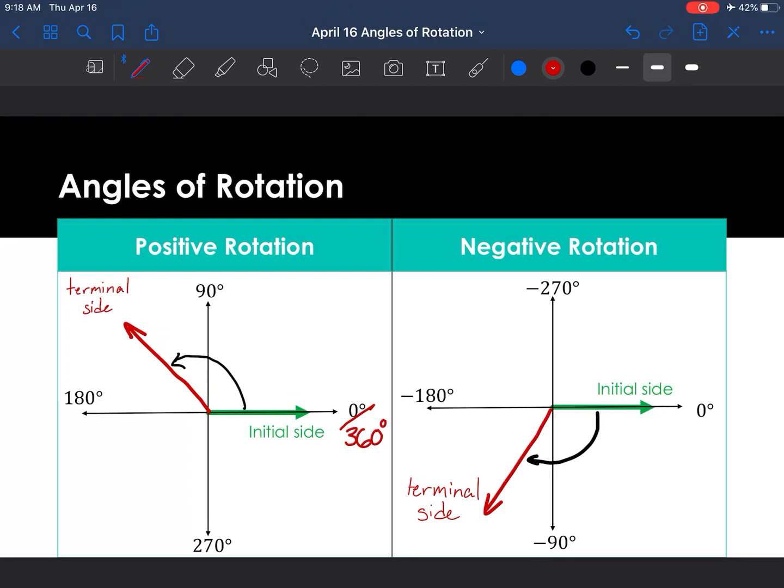So 0 degrees and 360 degrees is basically the same thing. Same thing when it's negative. So when you rotate 360 degrees in the negative direction, you still end up on 0 because 360 degrees is a full rotation, no matter what direction you go. So keep those in mind when we are drawing these angles.